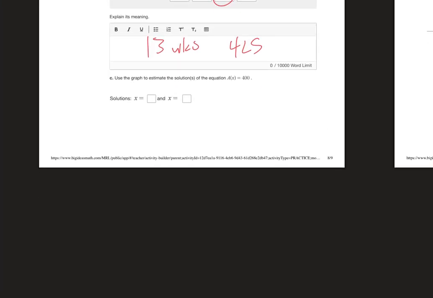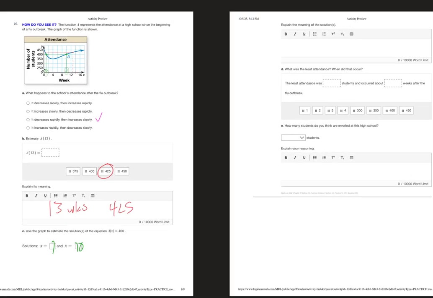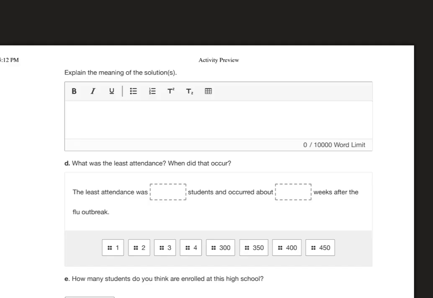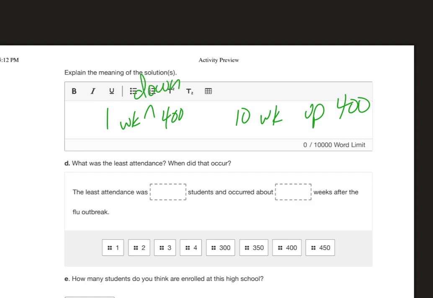So that's 1 and 10. And then it says explain the meanings for that. The meaning is, after 1 week, we're down to 400. But then after 10 weeks, we are up to 400. So you could squeeze that in there. After 1 week, we're down 400. After 10 weeks, we're up 400.